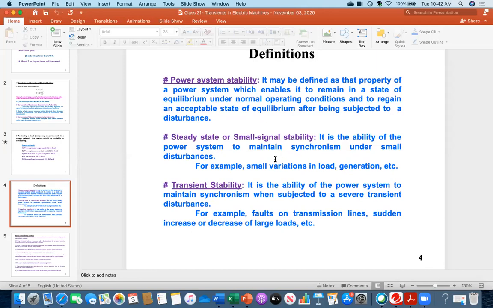Everybody can see an example of this. In our real lives, we are always changing some load. For example, at my home right now, I am using this laptop and some lights.